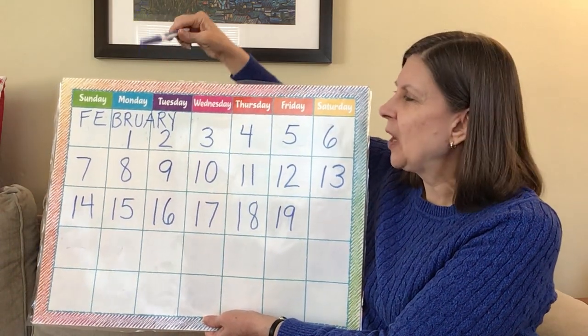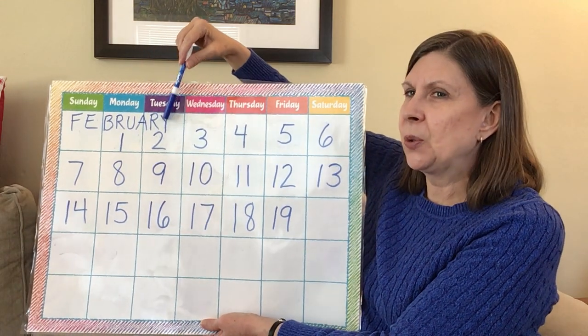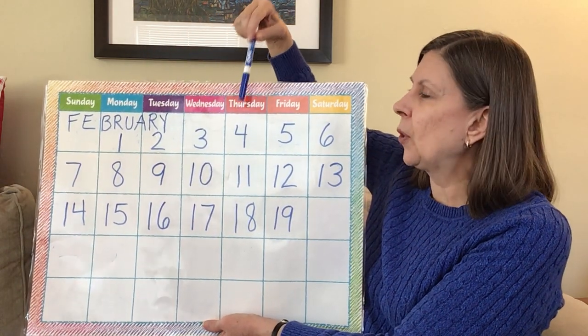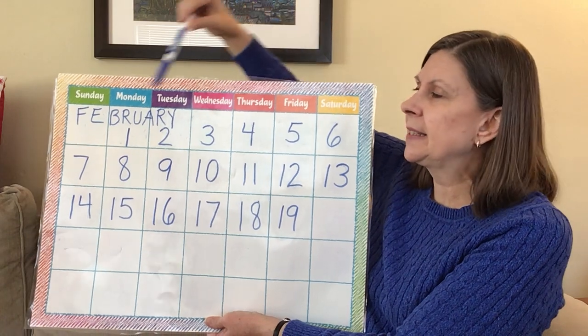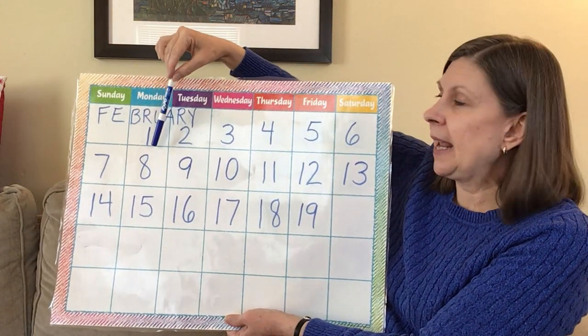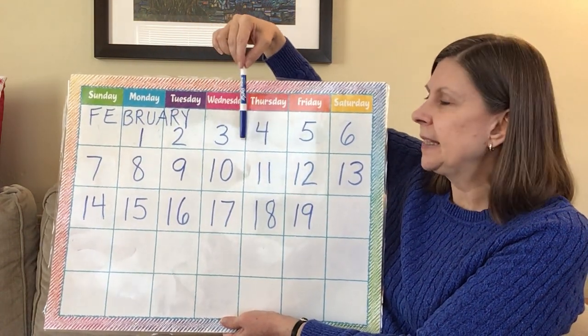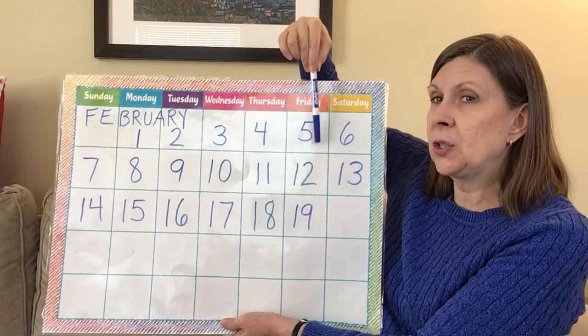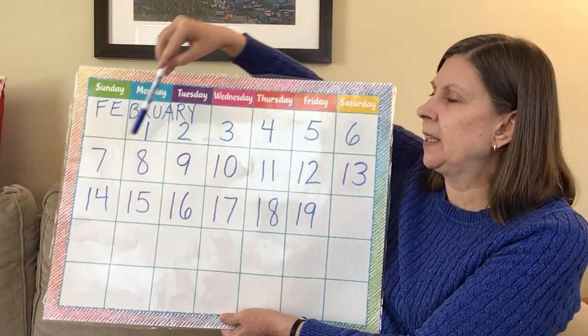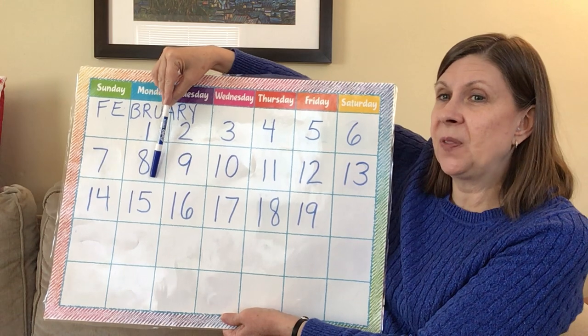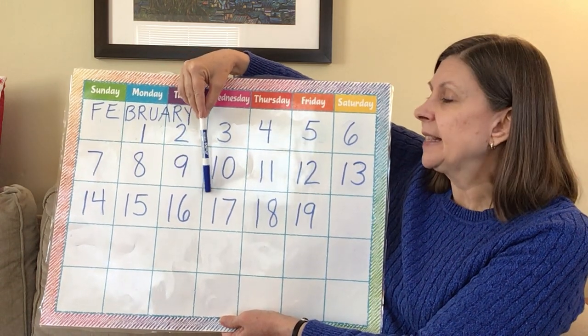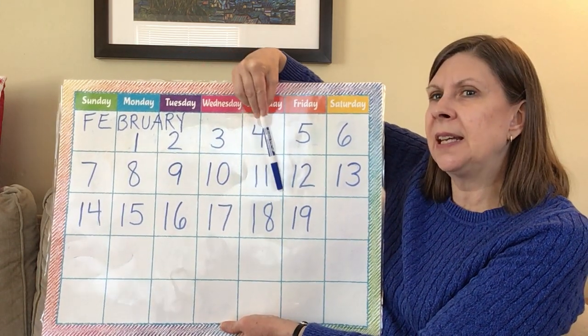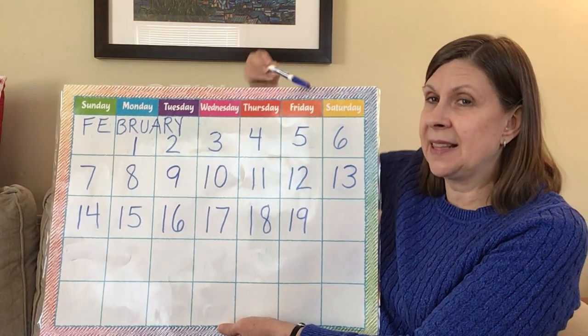Here we go. 1, 2, 3, 4, 5, 6, 7, 8, 9, 10, 11, 12, 13, 14, 15, 16, 17, 18, 19. That was Friday when we had our Zoom class.